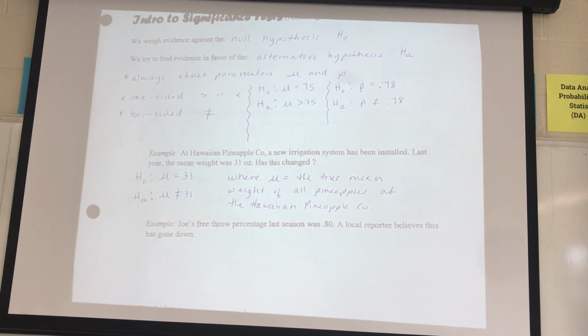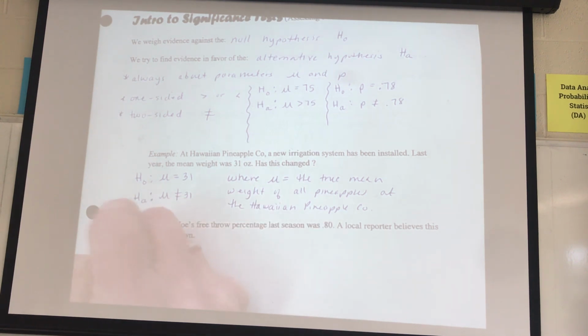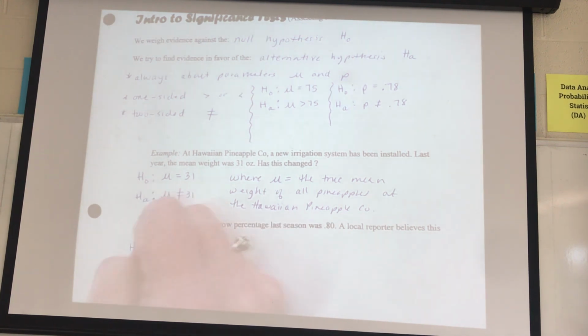Okay, so here's another one. We have Joe, and his free throw percentage last season was .80, and a local reporter thinks that that's gone down. So we're going to write a null and an alternative hypothesis for this situation. This one's about proportions, because it was a free throw percentage. So the null hypothesis is that p equals 0.80.